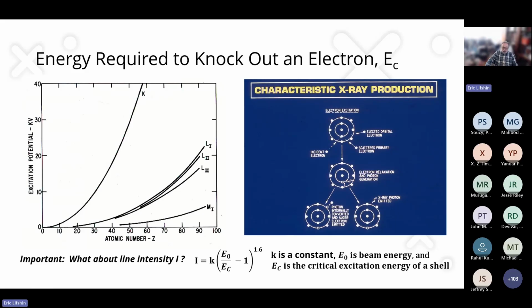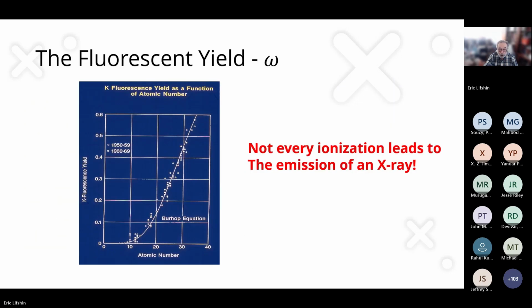So if our critical excitation energy is the same as the beam energy, this is 1 minus 1, which is 0. There's no intensity. And by the way, this is the intensity that's generated within the sample. The X-rays still have to get out, and you may be losing some of those on the way out. We'll get back and talk about that point later.